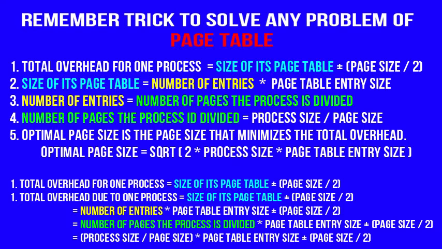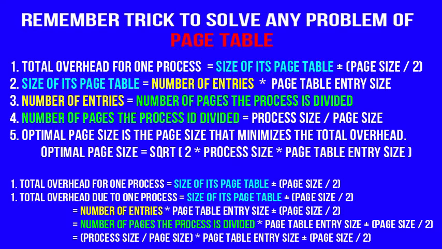Now let us elaborate all these formulas. How can you find the total overhead due to one process? The formula is total overhead for one process equals size of its page table plus page size by 2. Size of its page table is number of entries into page table entry size plus page size by 2.